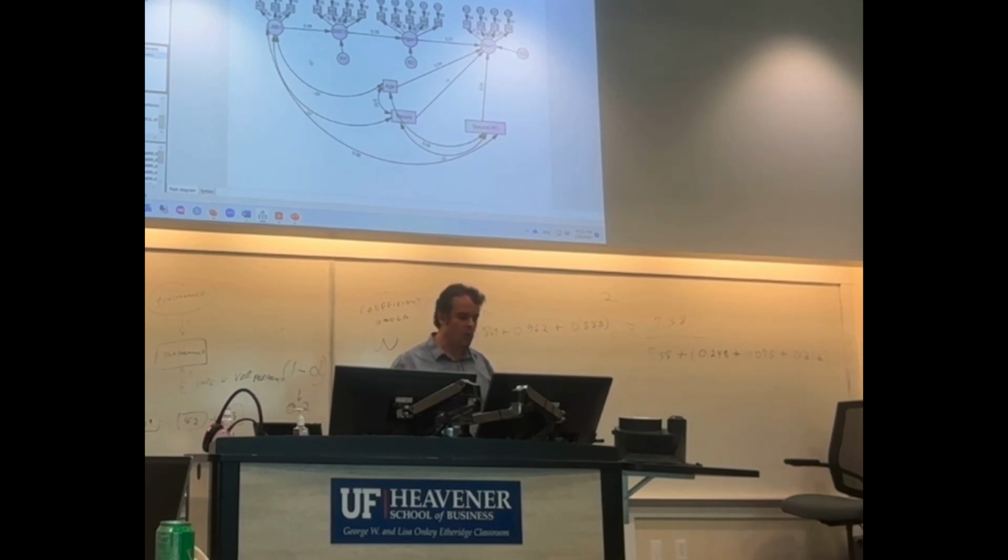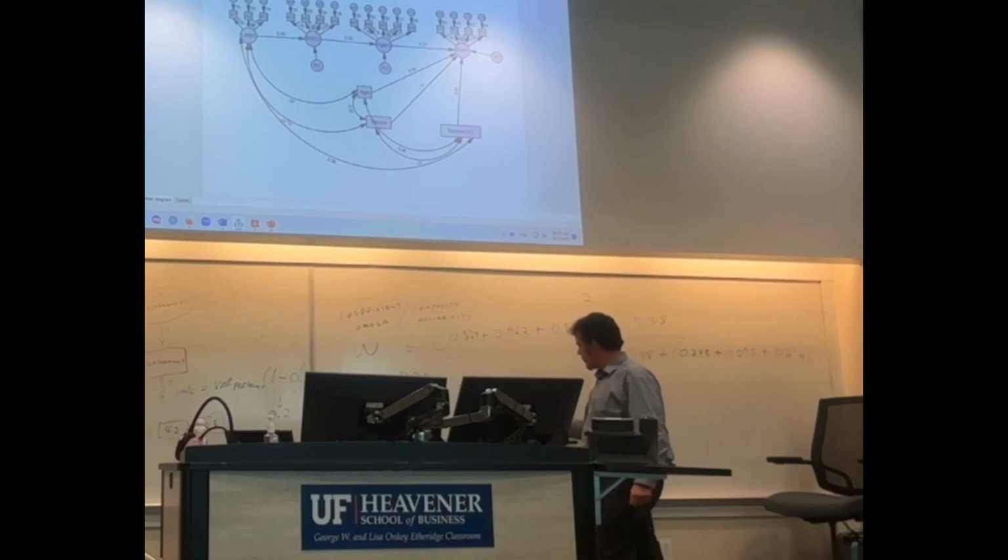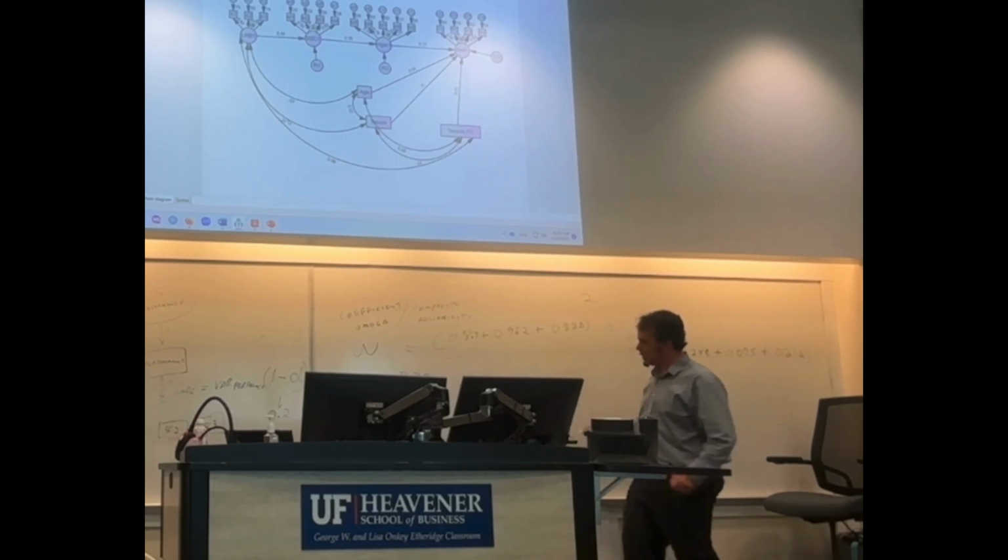I could use that sum here, but I would say that the error variance equals 1 minus 0.932, which is 0.068, right? So the error variance is 0.068 times the observed variance of the variable. Okay.